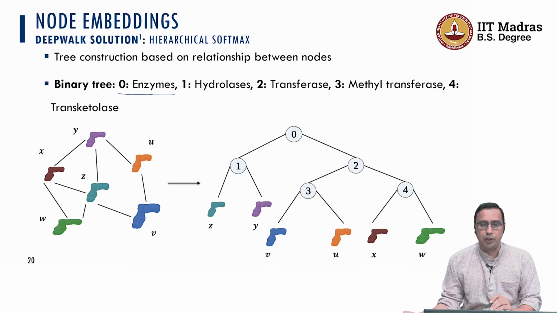So here we have used enzymes to construct the binary tree, where 0 denotes enzymes in general, 1 denotes hydrolase enzymes, 2 denotes transferase enzymes, methyl transferase and transketolase are 2 kinds of transferase enzyme, and based on that each of these particular proteins have been, I would say, distinguished in a binary tree, and we have constructed the binary tree in this manner.